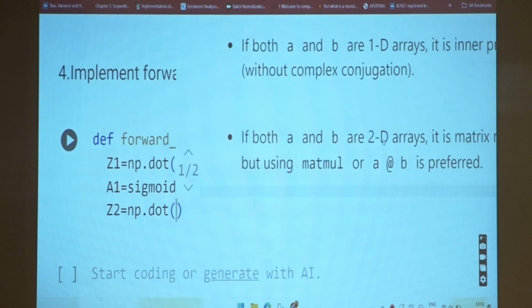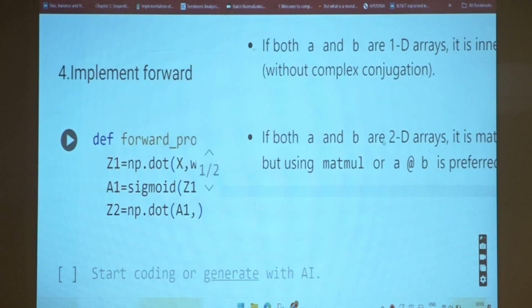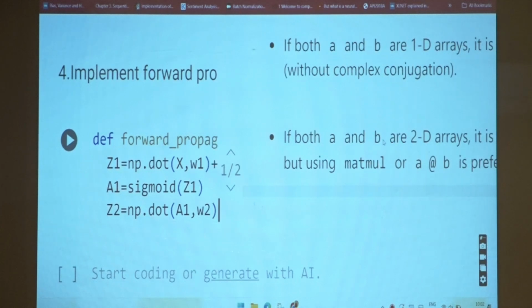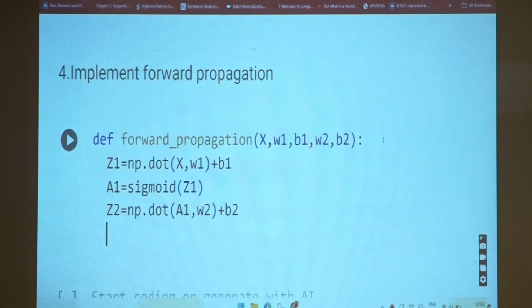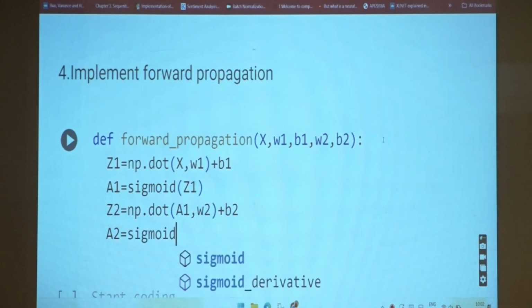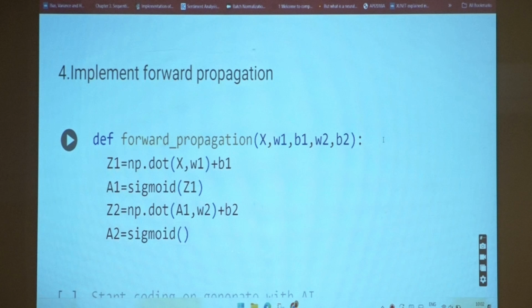So what is Z1? The connection that I am making between the input layer and the hidden layer. Please remember this. Z1 is the connection between input and hidden, that is, the summation of Xi W1 plus B1.